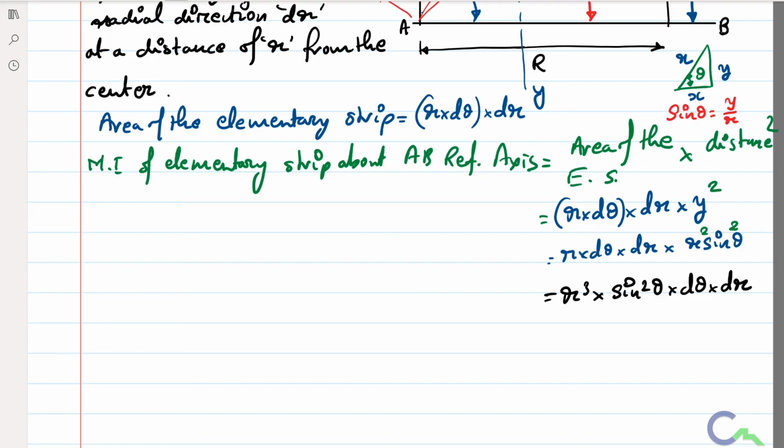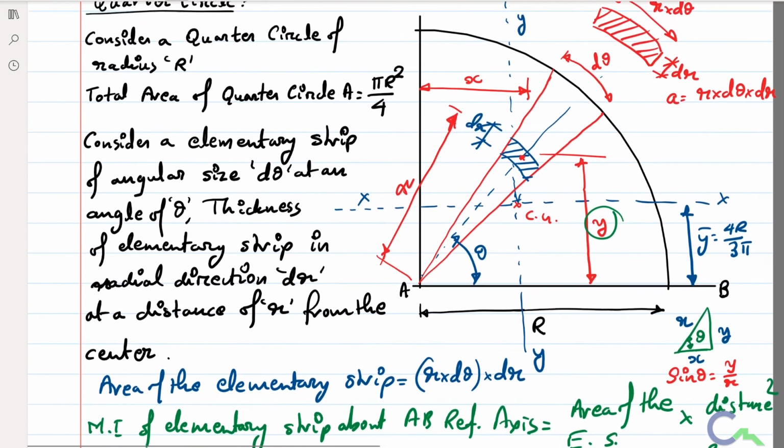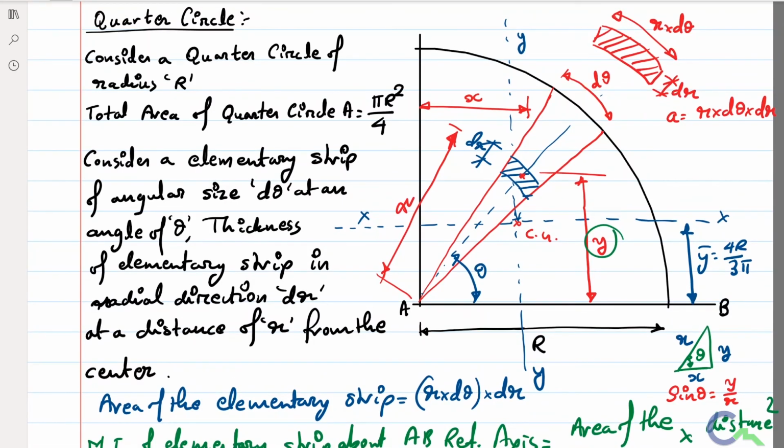Before that I am going to take the moment of inertia of the total area about the AB reference axis. So I can take IAB is equal to the integration where r varies from 0 to r, then theta varies from 0 to pi by 2.